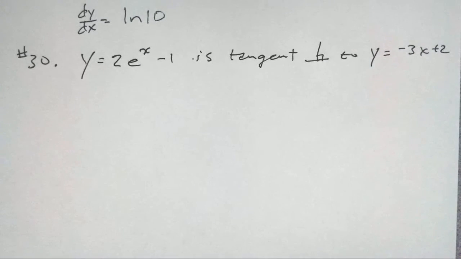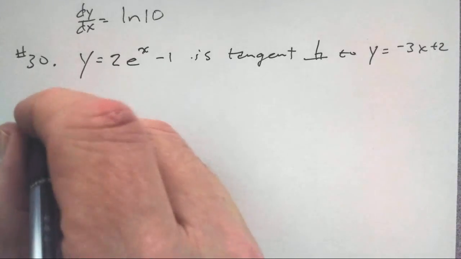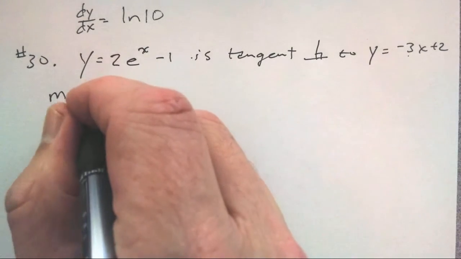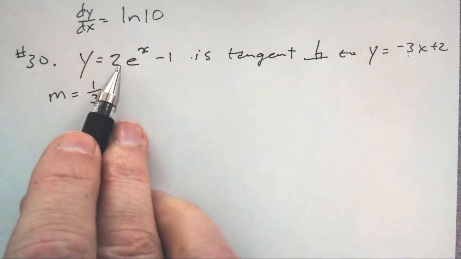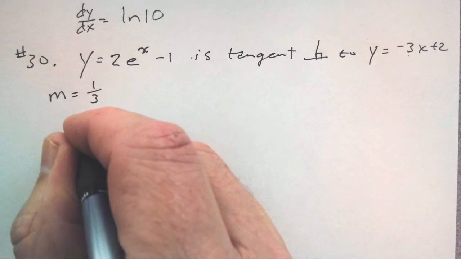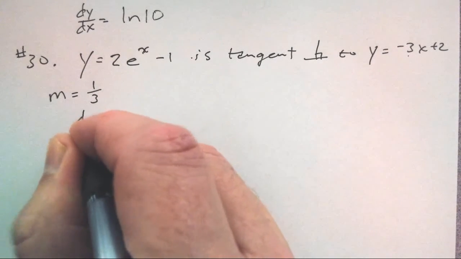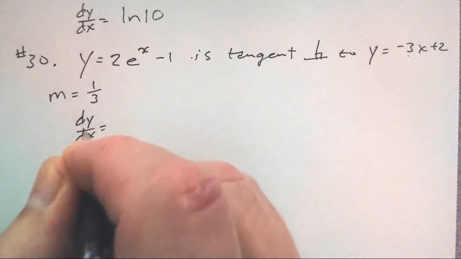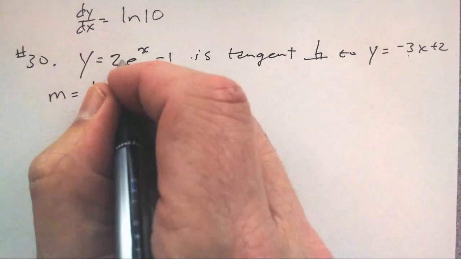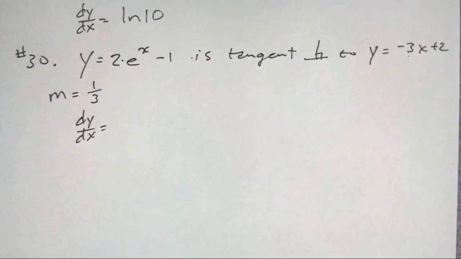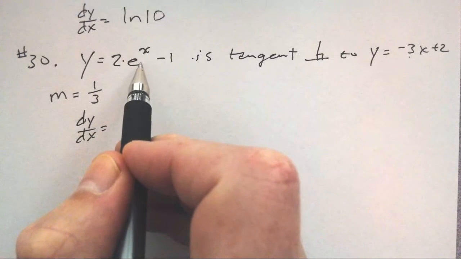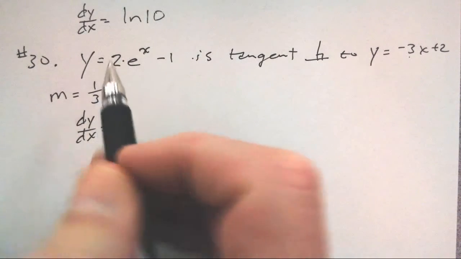Well, lines are perpendicular when their slopes are opposite reciprocals, so this one means we want the slope to be the opposite reciprocal, 1/3. So I'm going to find the slope formula and set it equal to 1/3. So I get dy/dx is, now, 2e to the x, as I often say and will continue to say, a constant times a function survives the differentiation process.